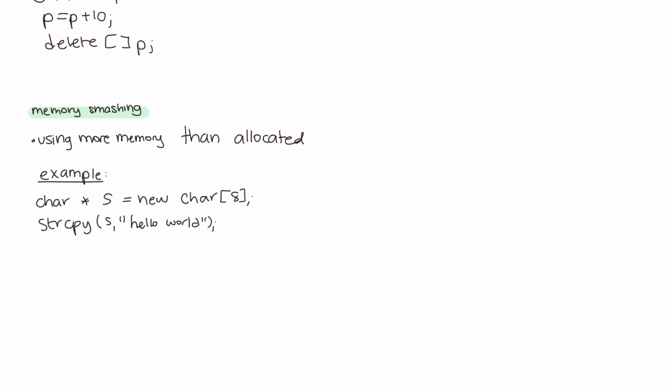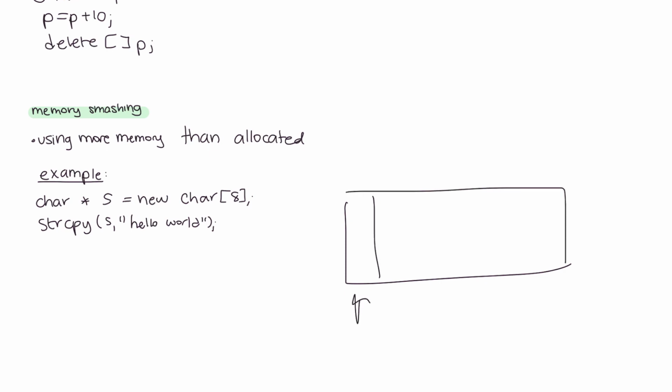Okay. Our last one is memory smashing, and that's just when you're using more memory than you have allocated. So say I have a string, and I've allocated space for 8 characters. Again, we have our header, and then I have the space I allocated for the string.